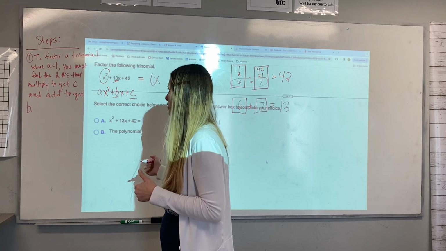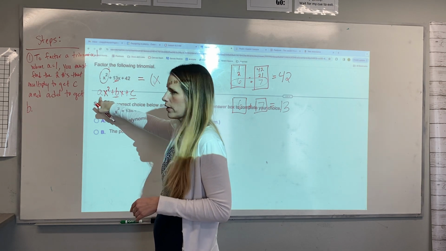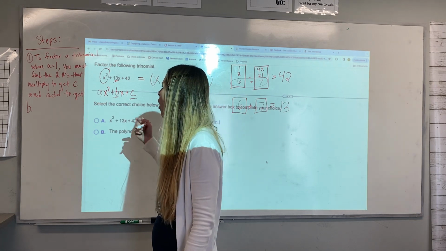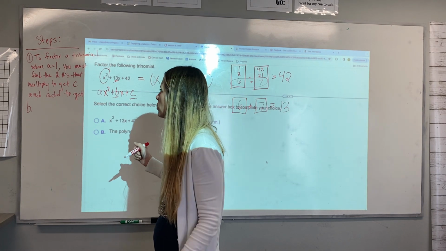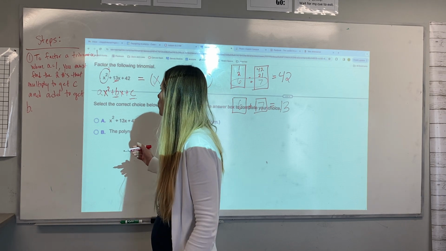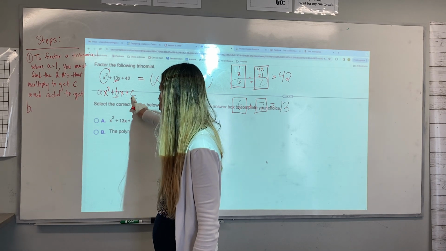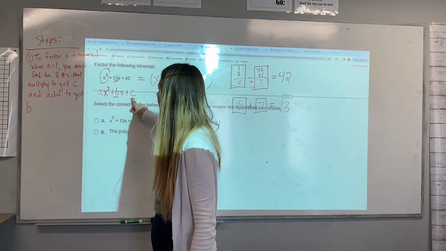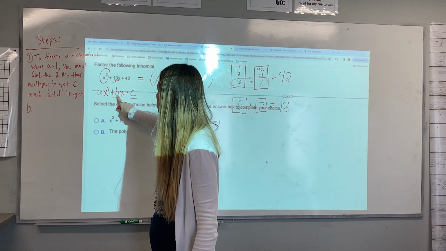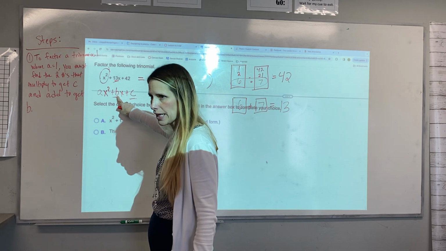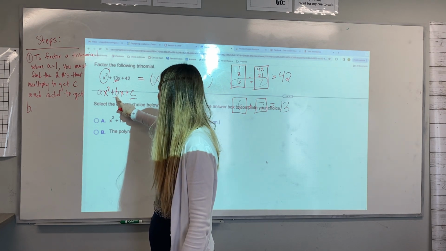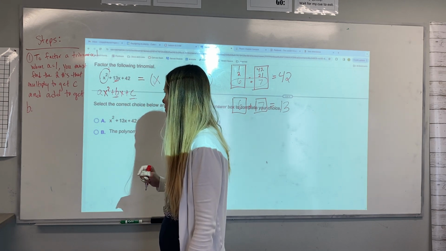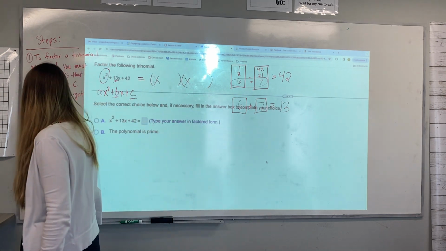To factor it, when a is 1, or I should say invisible, which means it's 1, all you have to do is find the two numbers that will multiply to get your last number, which we call c, and add to get the middle number, which we call b in the formula. Also known as the last number and the middle number.